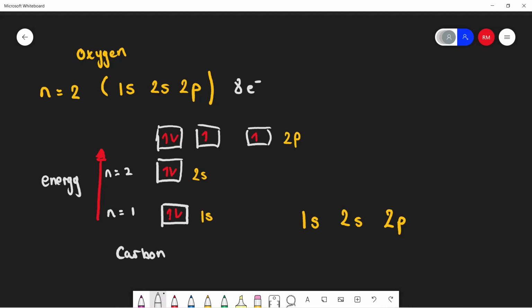Remember, you can have only 2 in an s subshell, but in all of the p orbitals together, we can have up to 6, right? So 2, 2, but how many are actually in the p orbitals? There are 4, so 2p4, right?